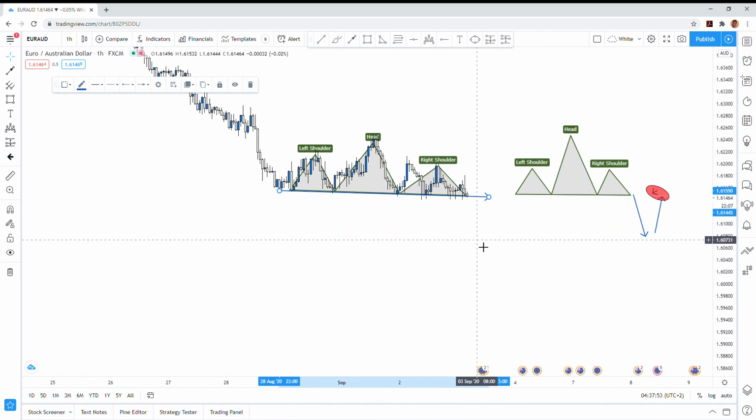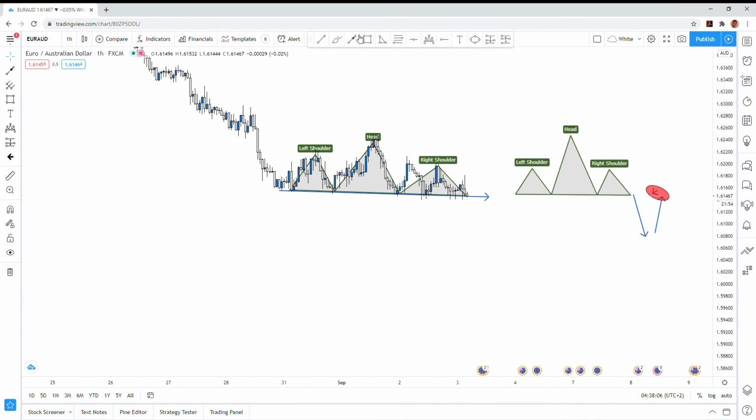You have to wait for price to break this neckline. When it comes back for the retest, then you wait for that momentum shift to show that indeed sellers are at this zone, at the neckline, waiting to push the price lower. But then you have to wait for the break, the retest, and the momentum shift.